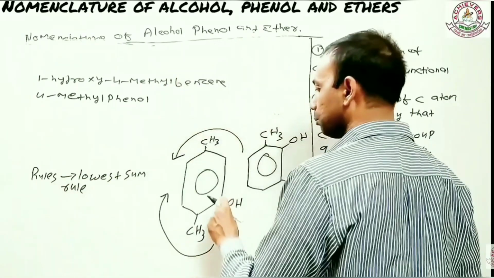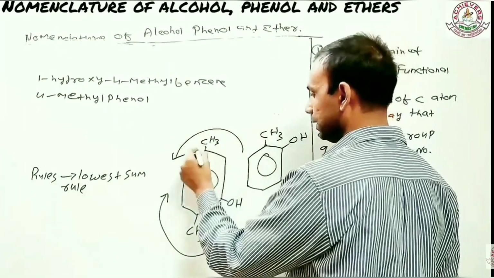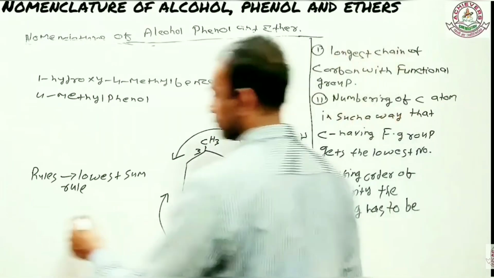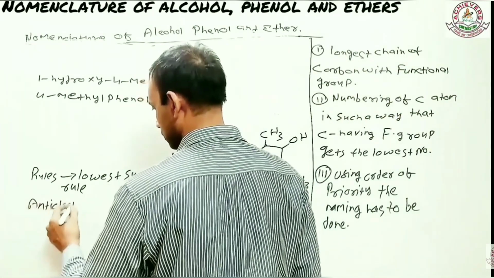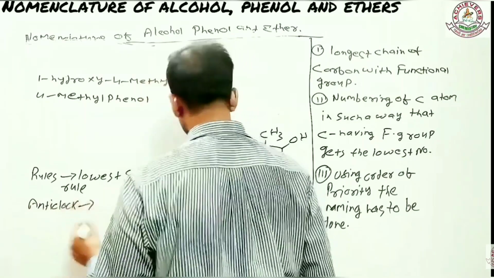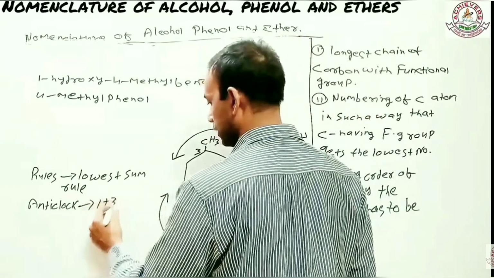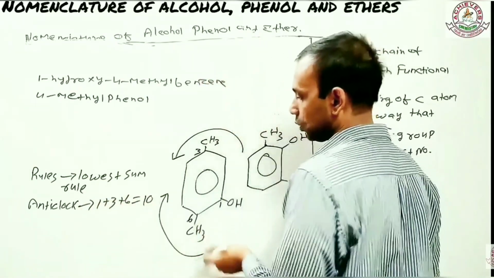I will number all these positions in both directions. So 1, 3, 4, 5, 6. In anti-clockwise, you have 1 plus 3 plus 6, and that's 10. But let's go into the clockwise.